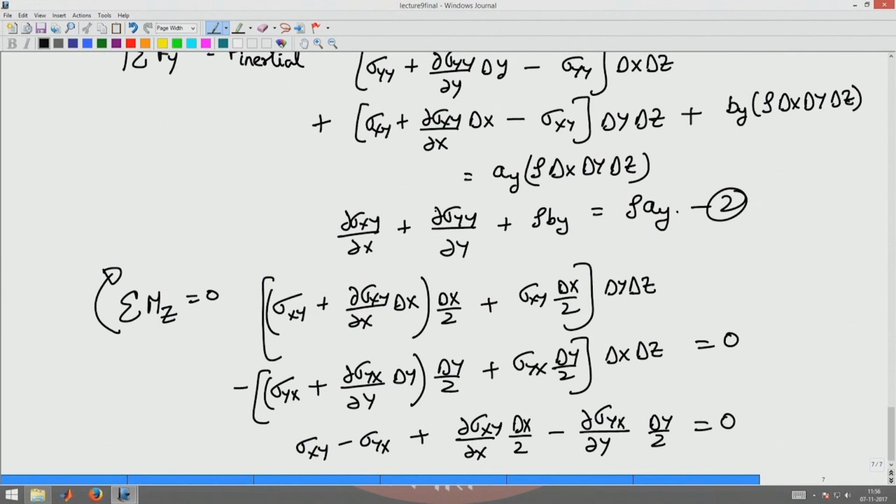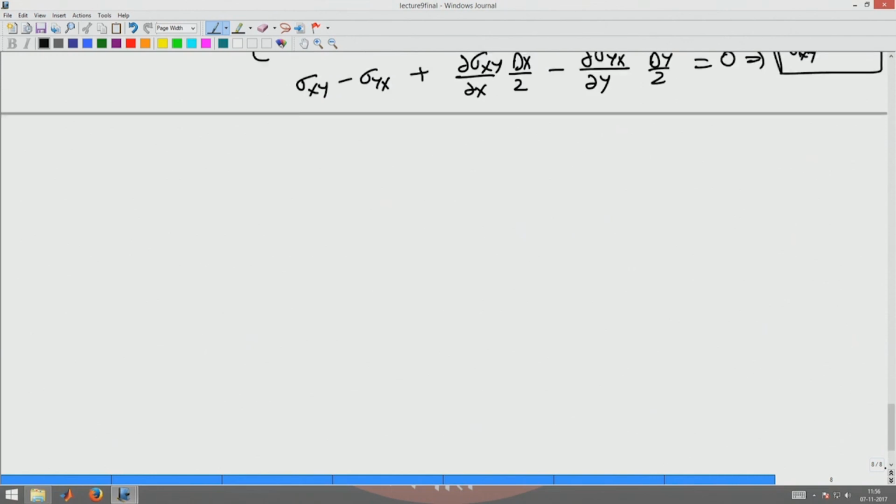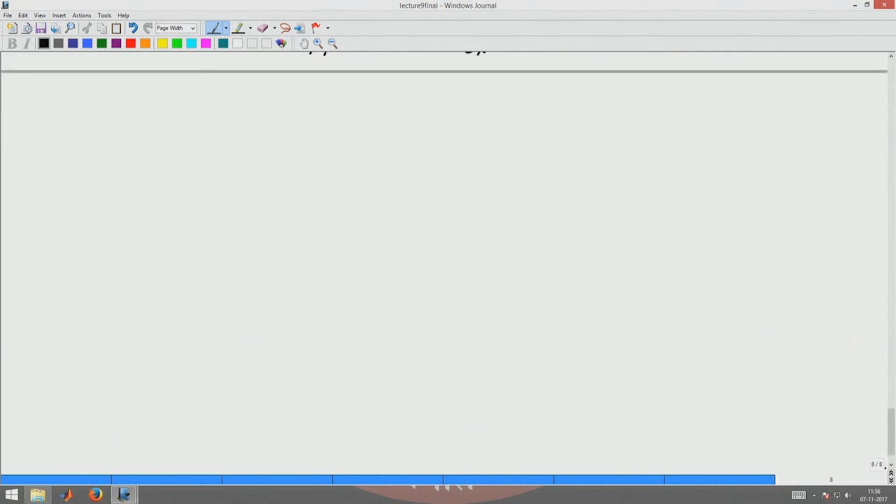In the limit when delta x and delta y tend to 0, you will get the restriction that sigma xy must be equal to sigma yx. Okay. So, this is what we are referring to as the stress tensor being symmetric due to the moment balance requirement. Okay.